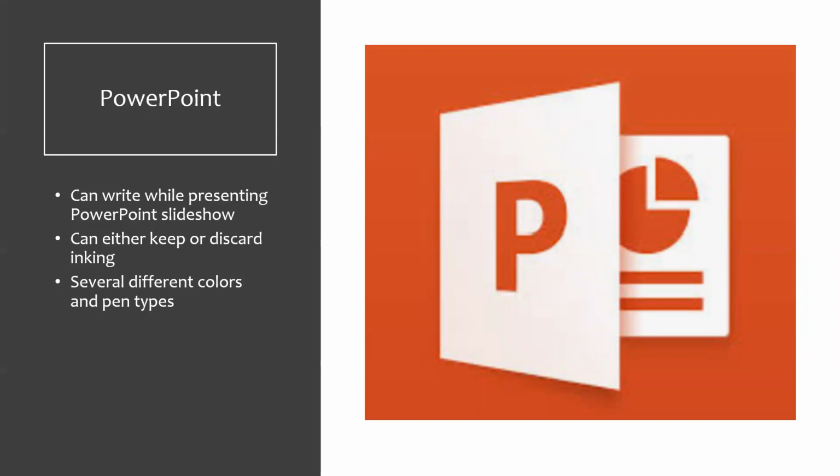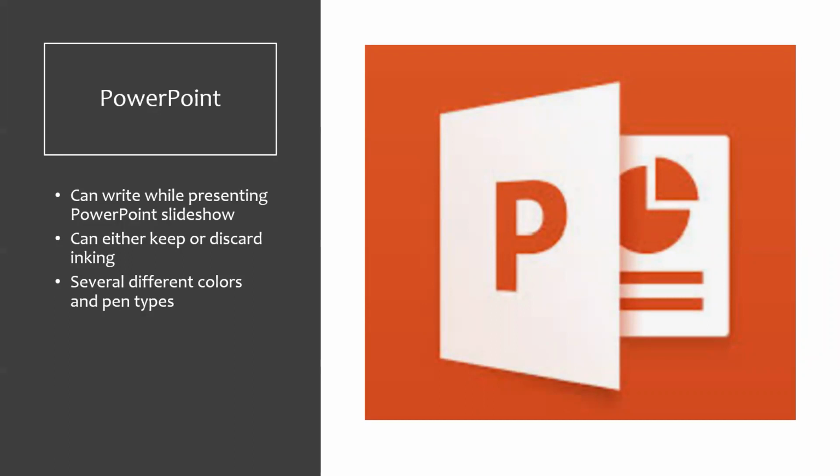Now, one of the things that I like about PowerPoint and using my Surface Pen is that at the end of the presentation, I can decide whether I want to keep or discard the inking. So if this is a PowerPoint that I'm going to use from semester to semester to semester, I most likely am going to decide to discard my inking.